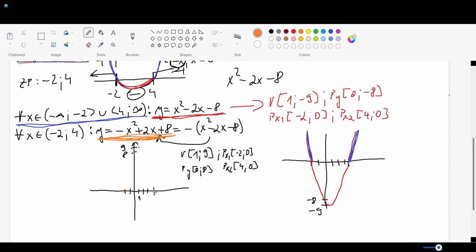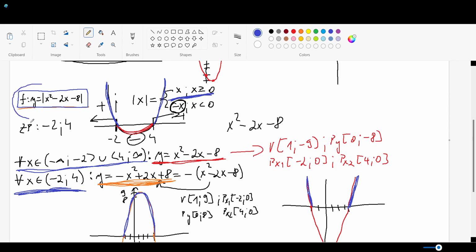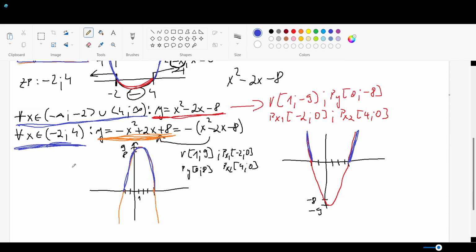Now if you realize the graph of this function, these are the critical points of this function, and if you sketch the function now, it will look like this. But you have to keep in mind that now the function is defined only for x from -2 to 4, which means only this part of the parabola represents the function in absolute value, which means this one.